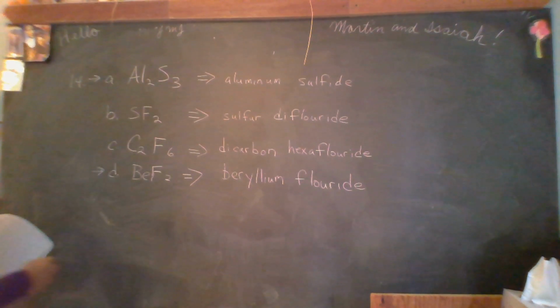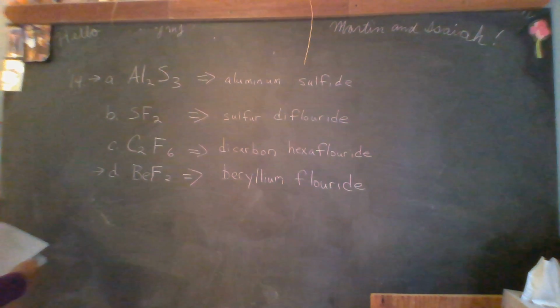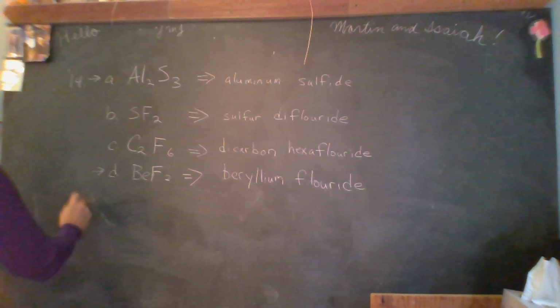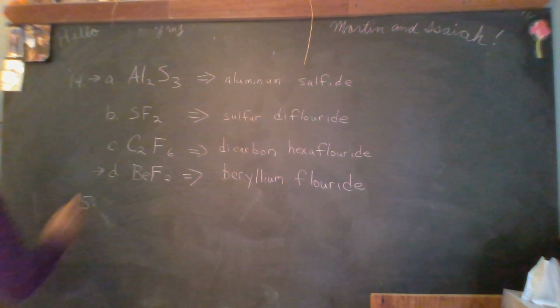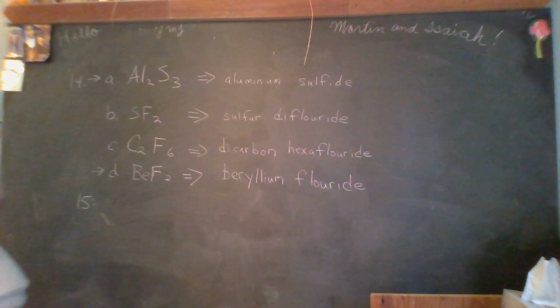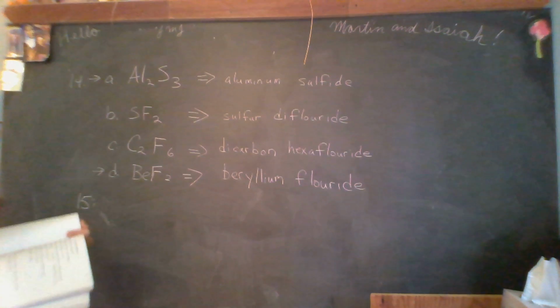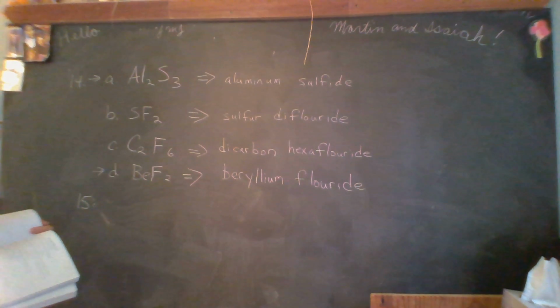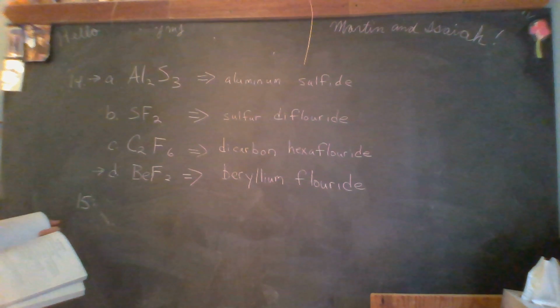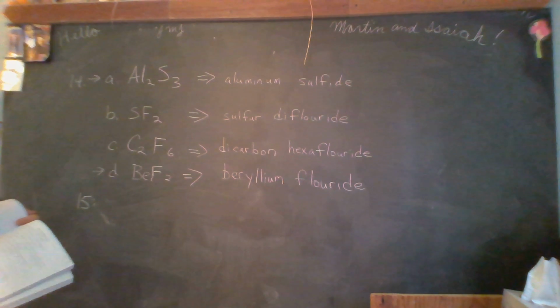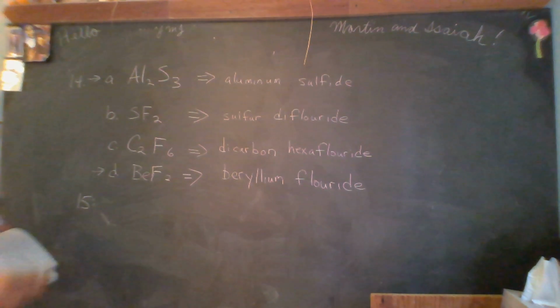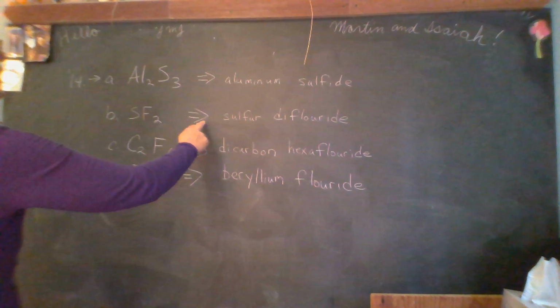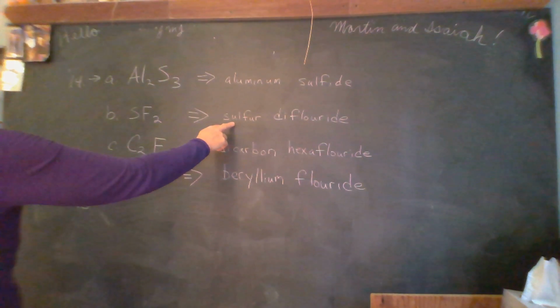Okay, and there is one more problem. What is the chemical formula of sulfur trioxide? Okay, that tells me sulfur and oxygen are both nonmetals, so this is going to be a covalent compound. Since there's no prefix before the sulfur, it's like letter B in number 14.